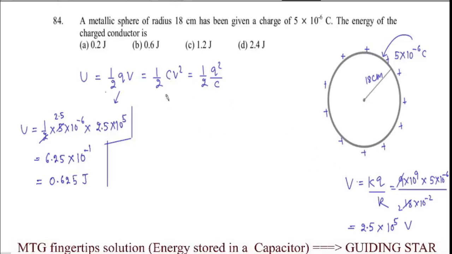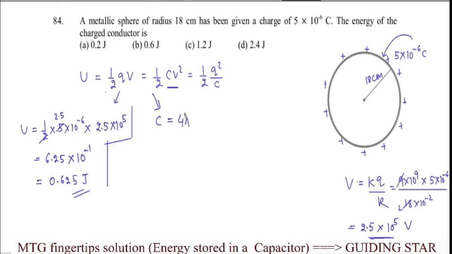So first of all, if you use the CV square formula, we already got the value of potential. So we need to find out the capacitance, and if you multiply them, then also we'll get the same result. And also you can use the formula Q square by 2C. If we use these two formulas, we first need to calculate the capacitance. Capacitance of this spherical metallic sphere will be how much?